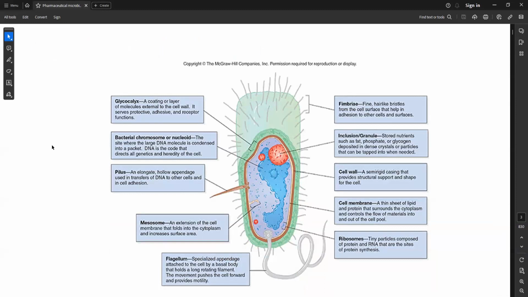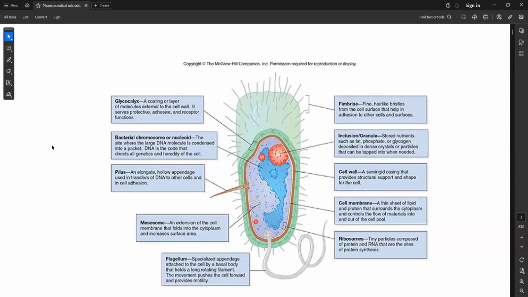The pilus, these are elongated hollow appendages that are used to transfer DNA to other cells and in cell adhesion. So cell adhesion is the attachment to other cells, which basically makes the bacteria cause things like infections.